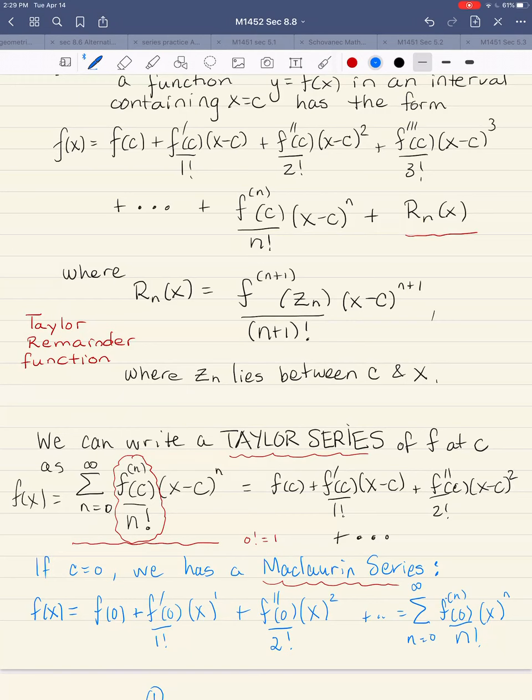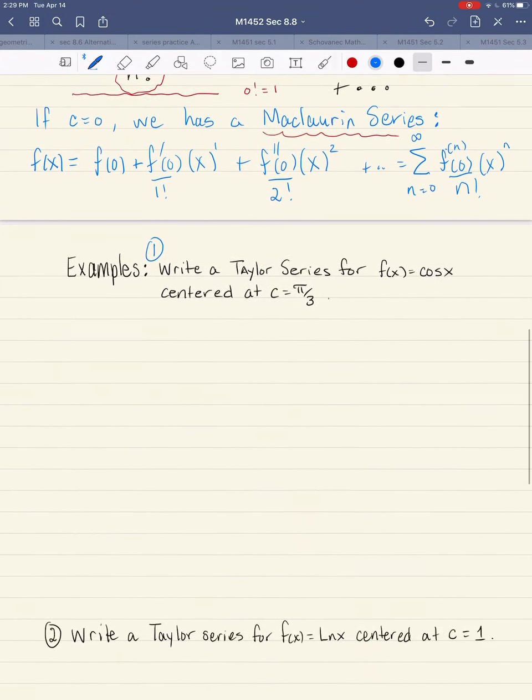So all of the c's are gone, so I don't really need the parentheses. They look kind of goofy in there. But each of the c's above is replaced by 0. So Maclaurin series are kind of handy when you want to build a function that represents a function near the origin. And then if this function is defined for all x, we can easily shift it left or right with our x minus c.